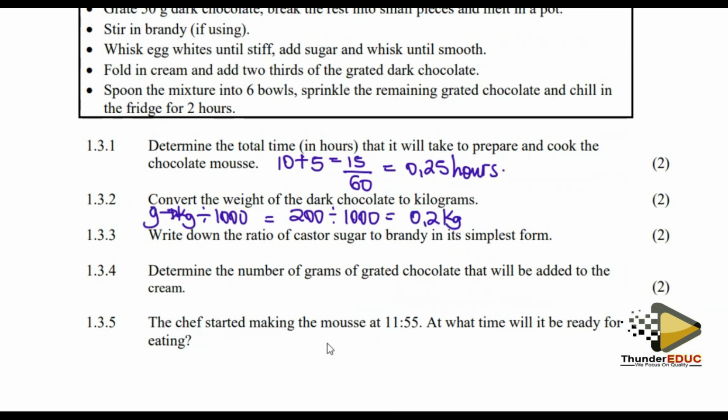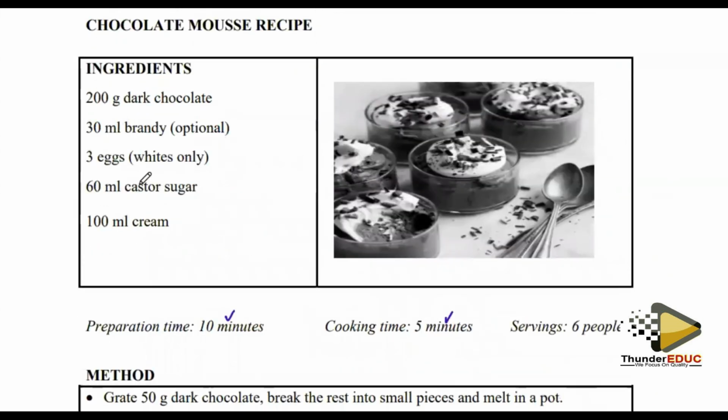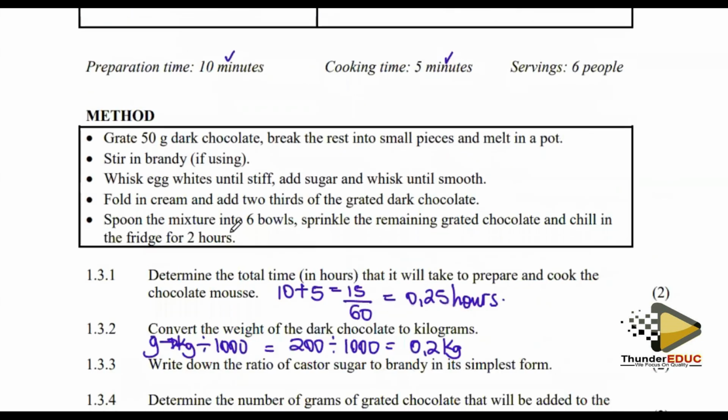Write down the ratio of the custard sugar to brandy in its simplest form. So we shall look at the quantity of custard sugar, 60 mils. Then the brandy is 30 mils.